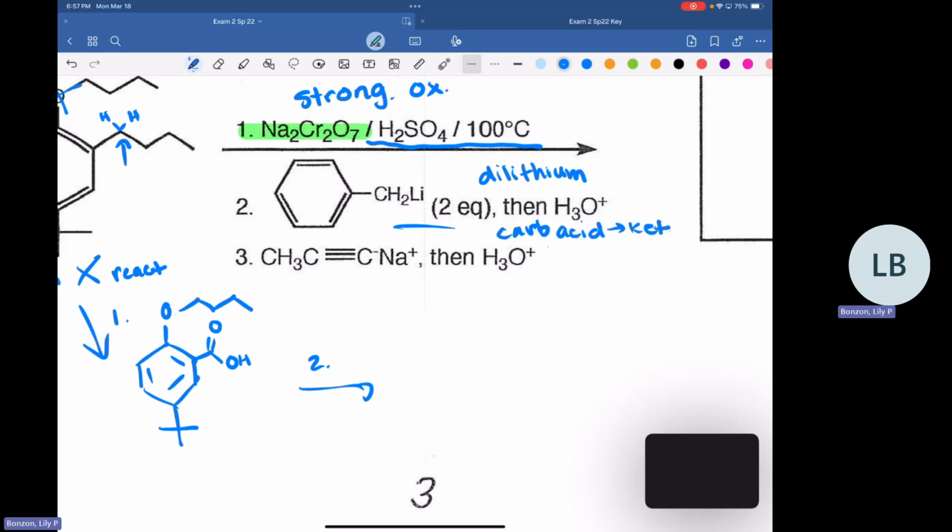And the other half of the ketone comes from the alkyl group that the lithium has added onto it. So when we react these molecules, got this. So this is going to be turned into a ketone. We have a CH2, and then we have that benzene ring on there. And again, that's just coming from the group that's attached to the lithium.